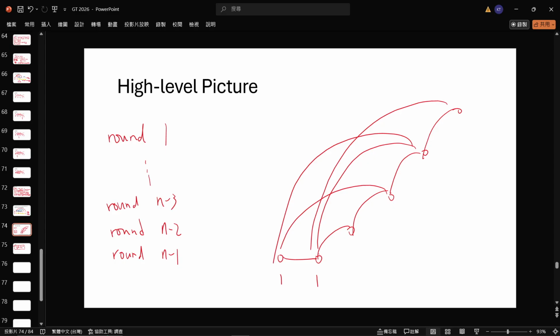So this is like the core of the graph, which is connected. And if you look in the reverse direction, you're going to see that we keep adding edges to a connected graph. So the whole graph will be connected.